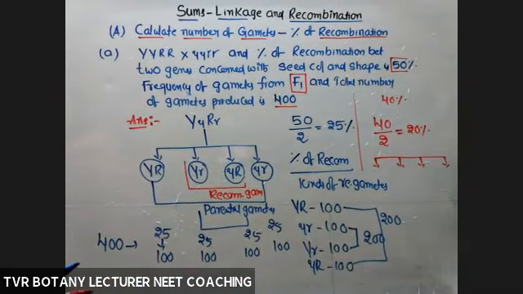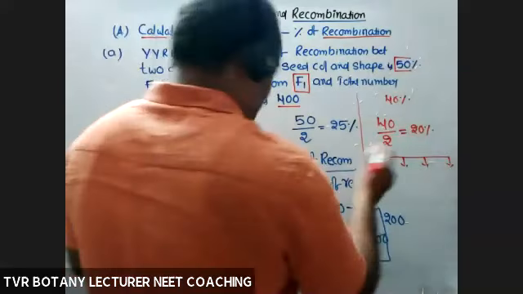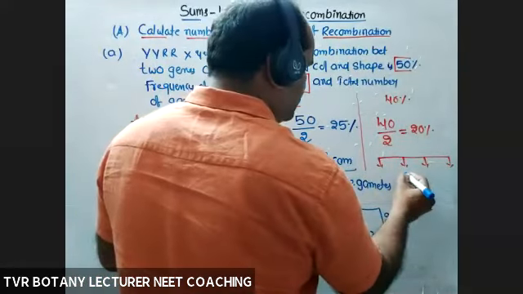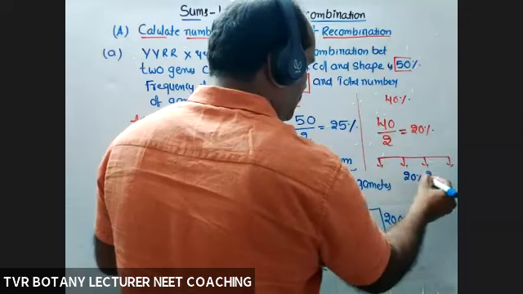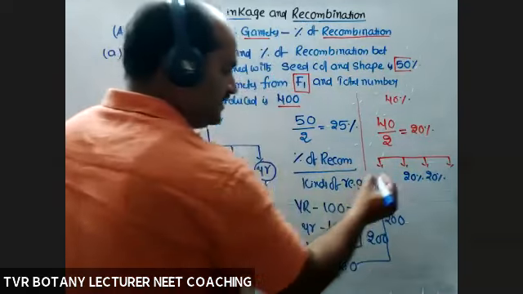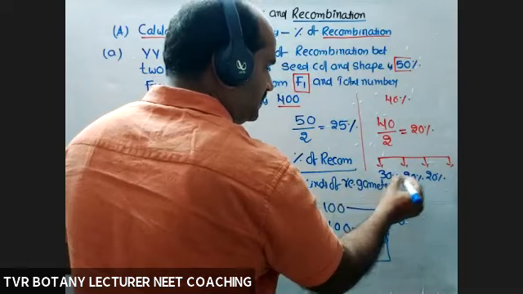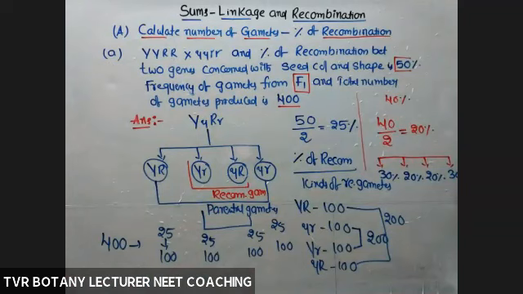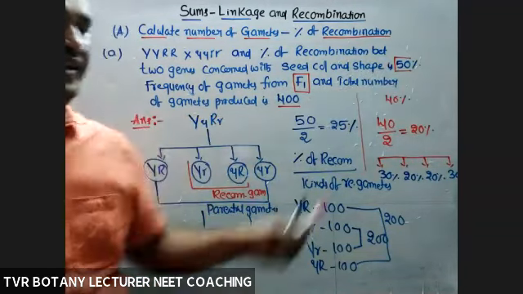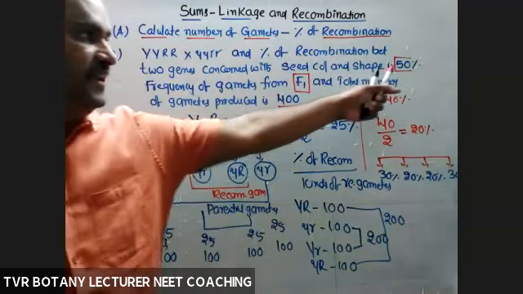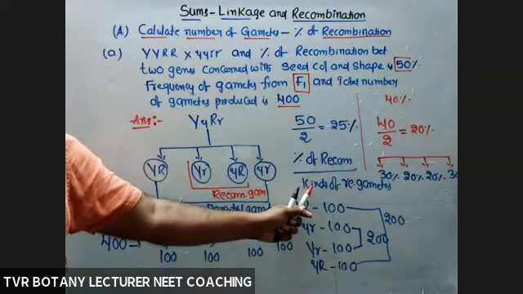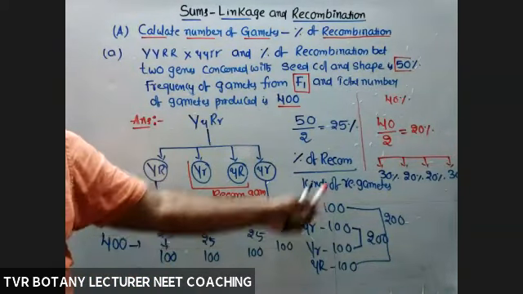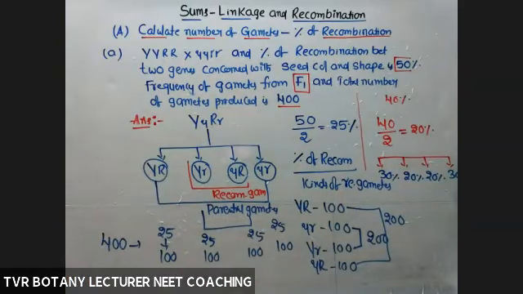The recombinant gametes are 20% each. 40% is complete. The remaining percentage? 30% and 30%, 60 plus 40. So they may change the percentage of recombination. Simply divide the given percentage of recombination by the number of kinds of gametes. That is the way to calculate the percentage or number of gametes.